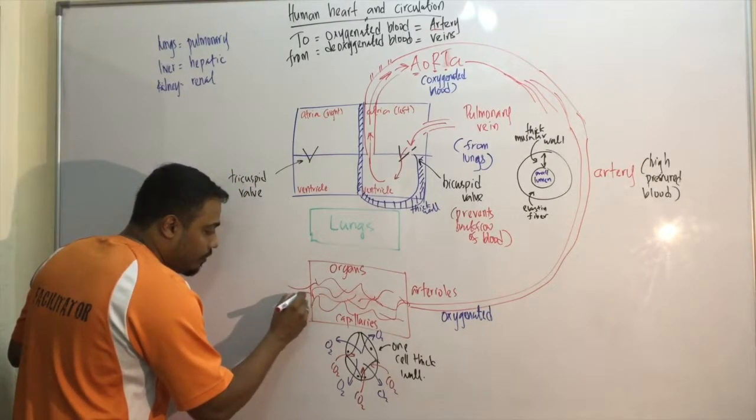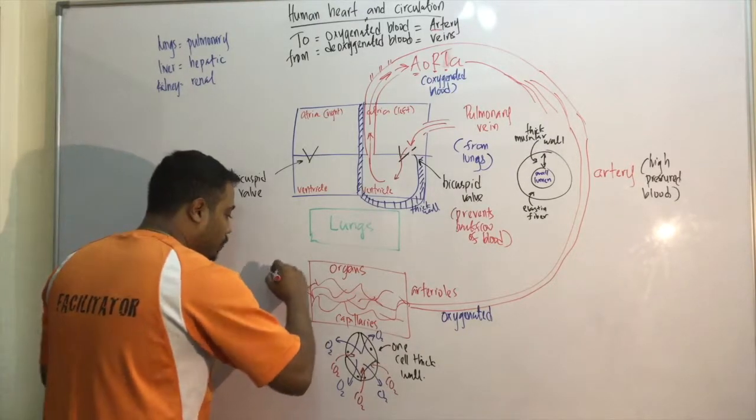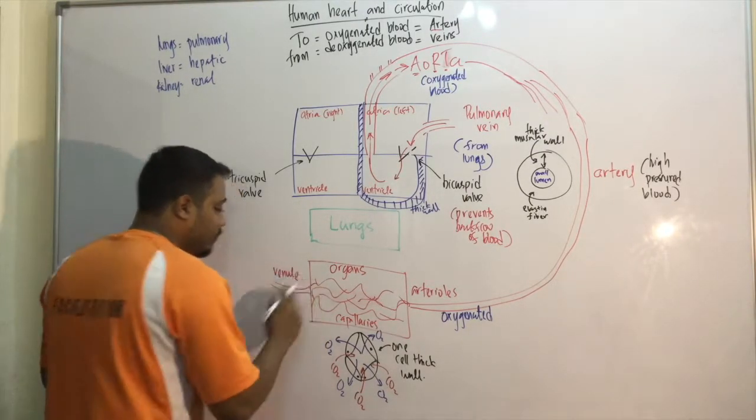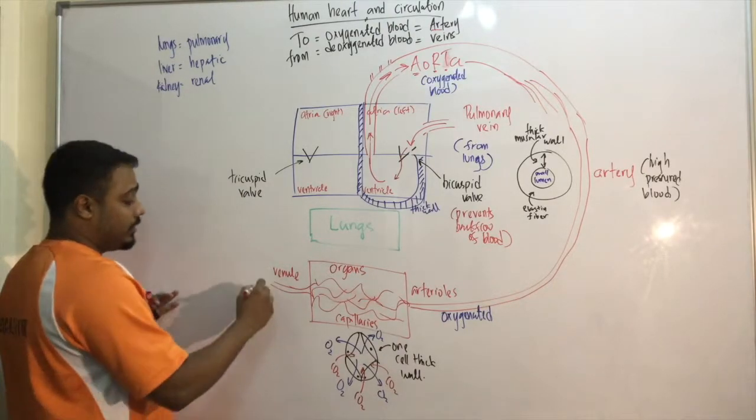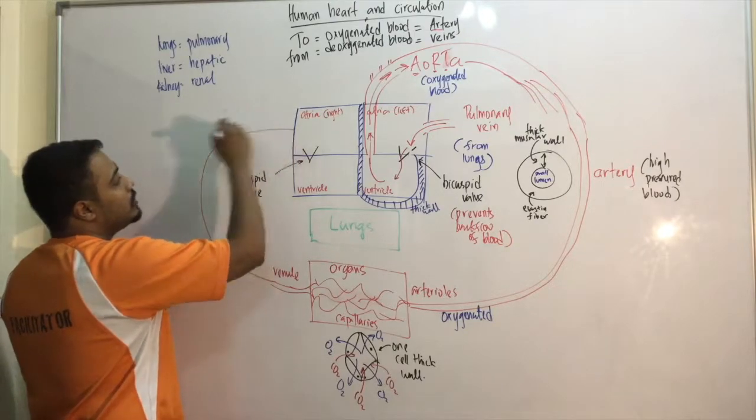So I'm just going to branch it out. The ending of the capillary here would be called the venule. Obviously that's going to connect to the vein. So the vein is going to connect to this part here.